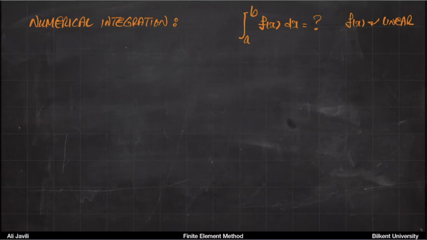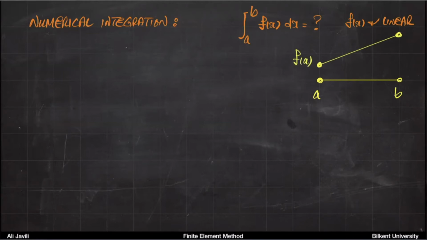Now, if f is linear between a and b, and you want to integrate f in that domain, so let's say this is point A, this is point B, I'm sure some of you have a shortcut to this problem, but I don't want to use the shortcut because when I increase the order of f, the shortcut doesn't work. So we need to go through a systematic version of it.